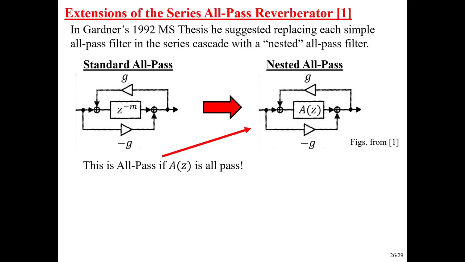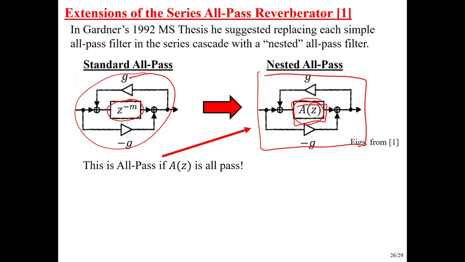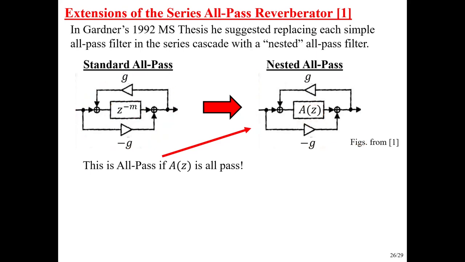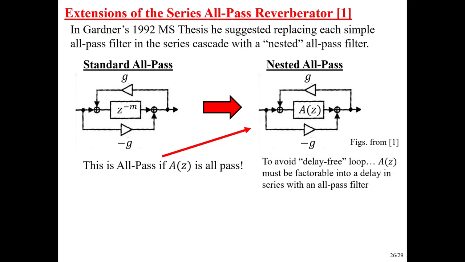So then you can show that if this was all pass and you replace this by an all pass, then if A of Z is all pass, this whole structure is also all pass. That can be proved. And again, when I offer this course officially, that ends up as being a homework problem that I assign. Now we need to be sure that we don't get any delay-free loops.